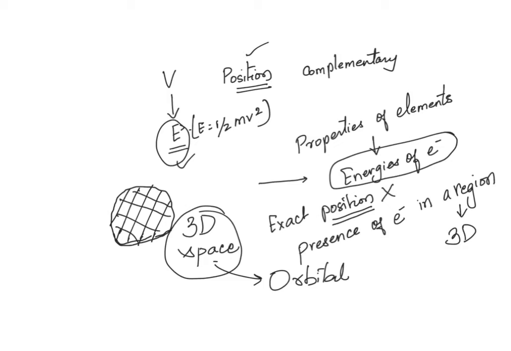Now, each orbital is specified by three interrelated quantum numbers.